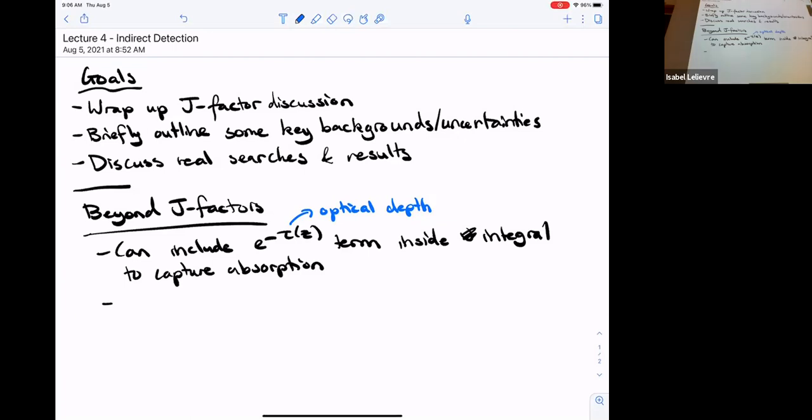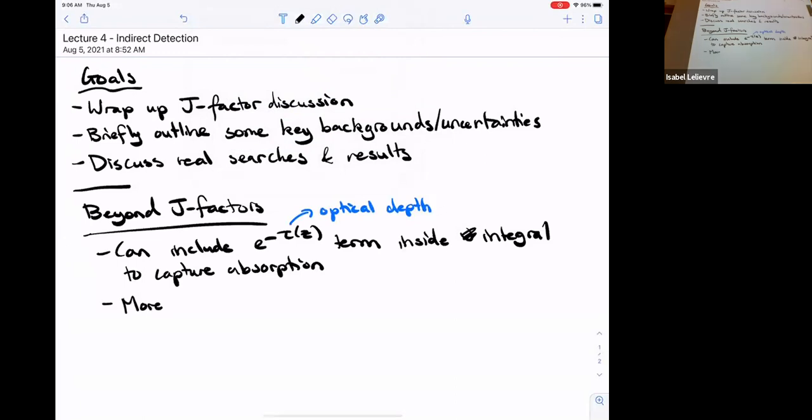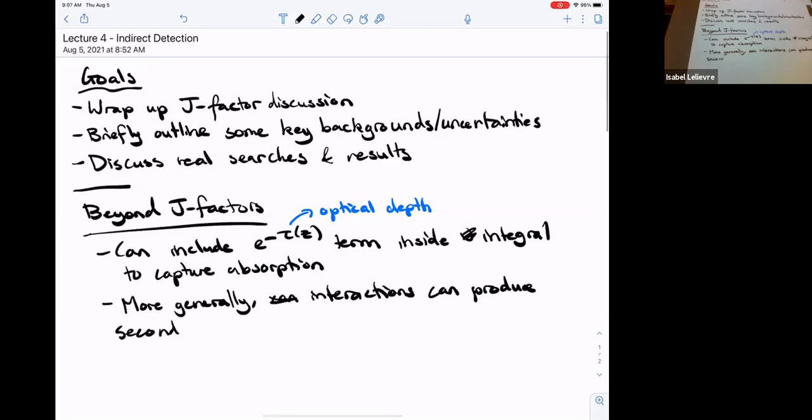Okay, so more generally, interactions produce secondary particles. And we'll see when we look at the constraints that these secondary particles can actually sometimes be more observable than the primary particles themselves.